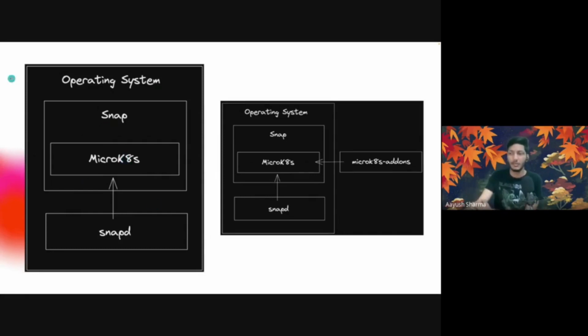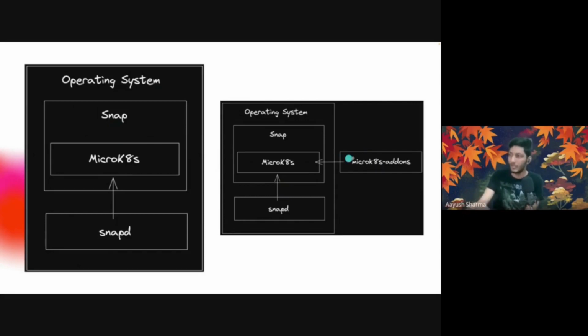Whenever there is a MicroK8s install command, Snap will bring in MicroK8s, and snapd will help you pull all the data from Kubernetes upstream and access the functionality of Kubernetes. We'll talk in depth about MicroK8s add-ons.